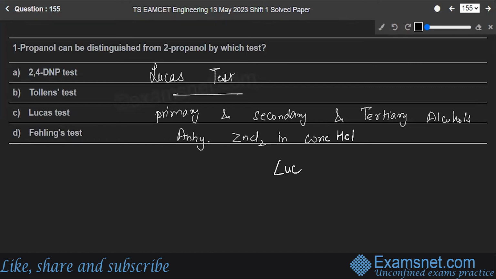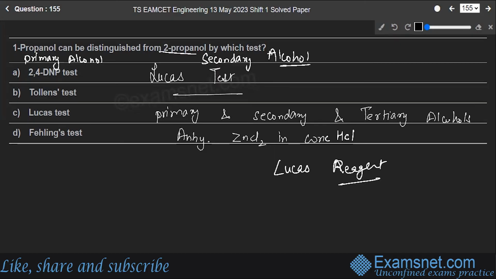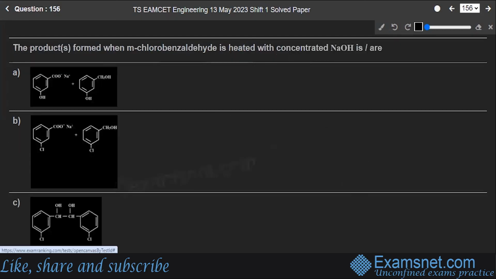This is Lucas reagent. Hence, 1-propanol, which is a primary alcohol, can be distinguished from 2-propanol, which is a secondary alcohol, by using the Lucas test. So you have C as the right answer. Hope you understood. Next is question 156.